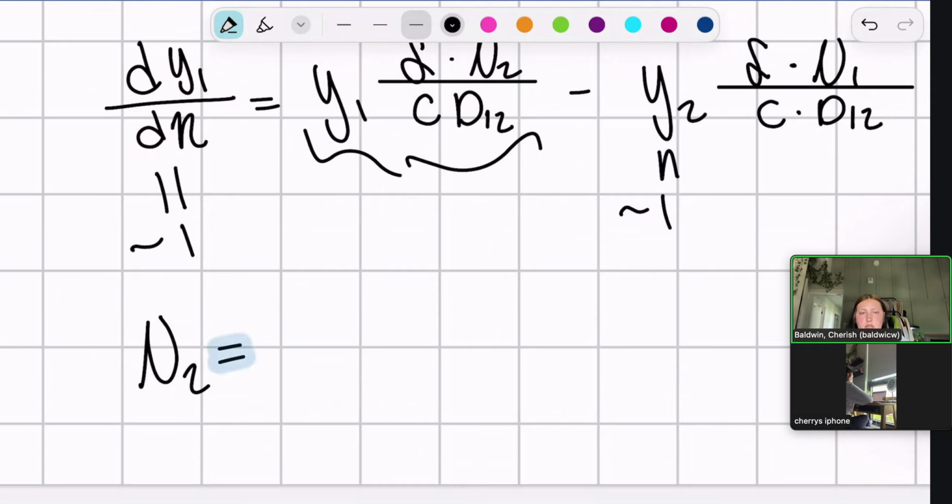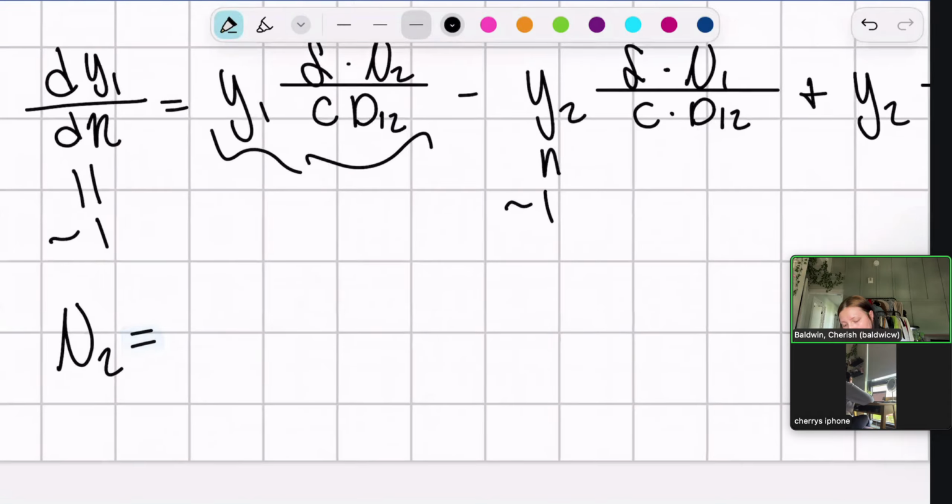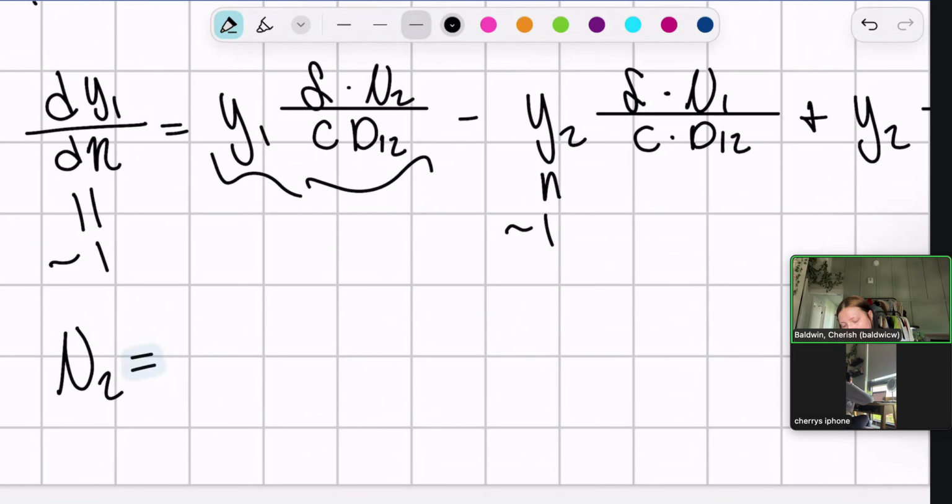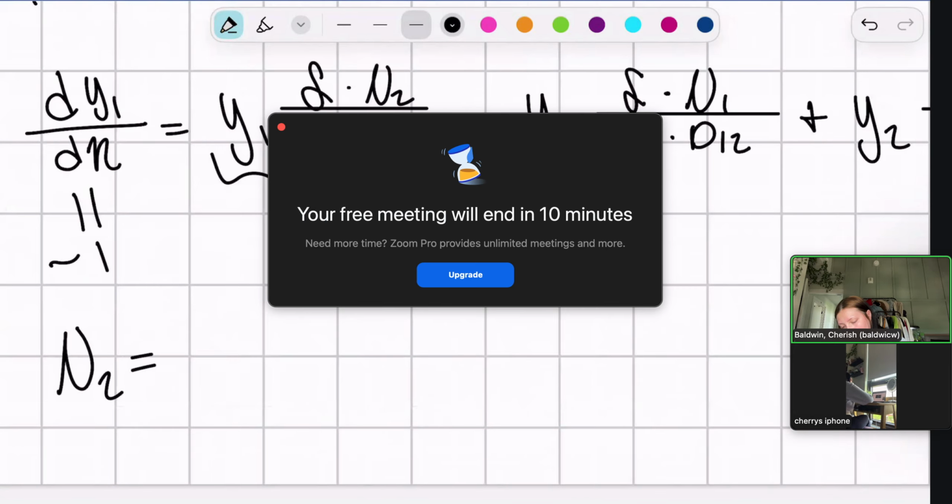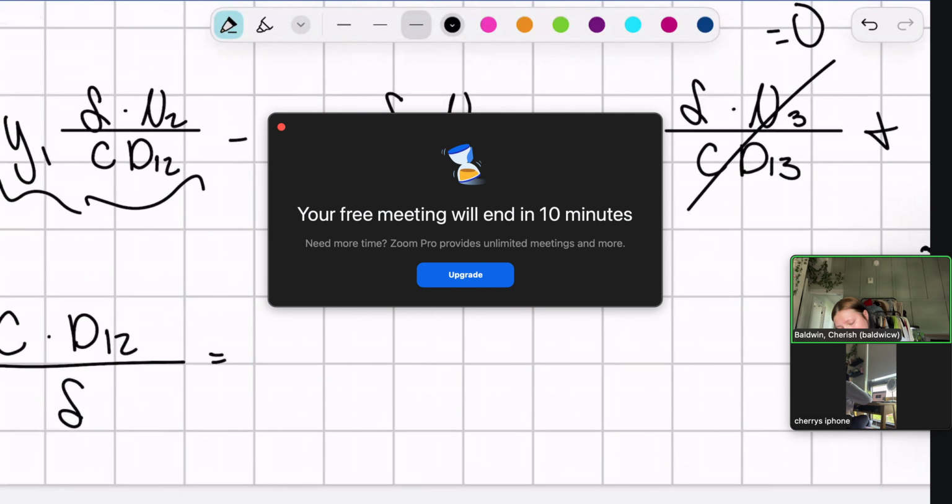So we know that its concentration times the molar diffusion rate of 1 to 2 over position, and we know that the concentration is pressure over RT times the tube length.